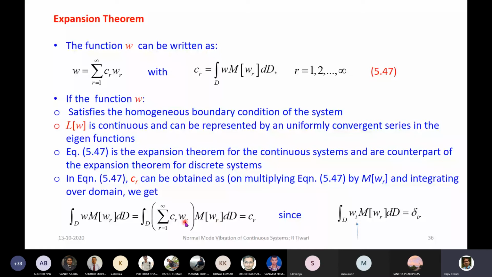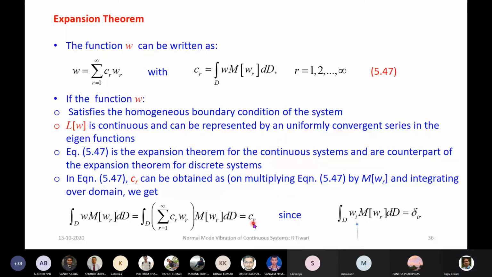Now WR, M operator WR, is nothing but 1, because we have normalized WR with respect to the mass matrix. So only the CR will be left out here. CR is this quantity which is expressed here.